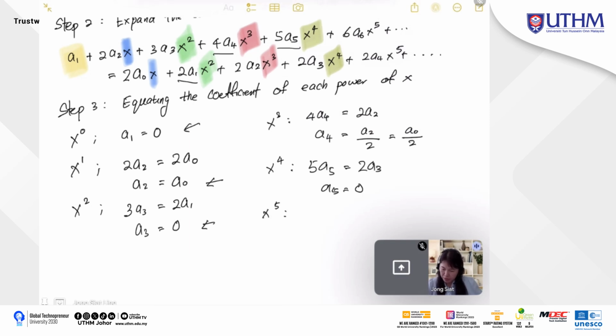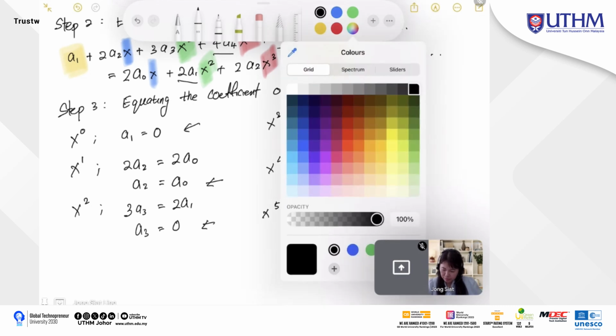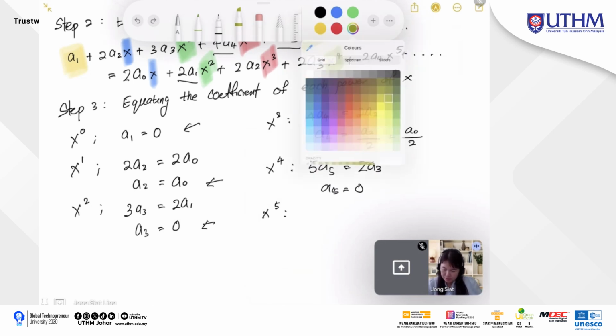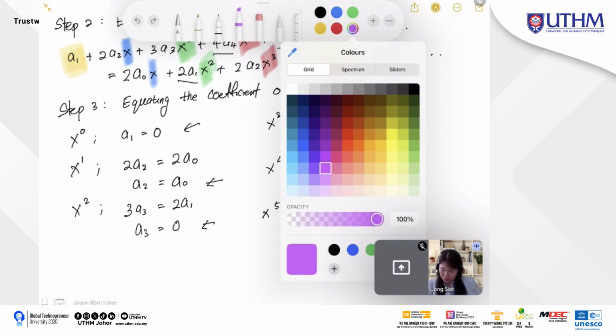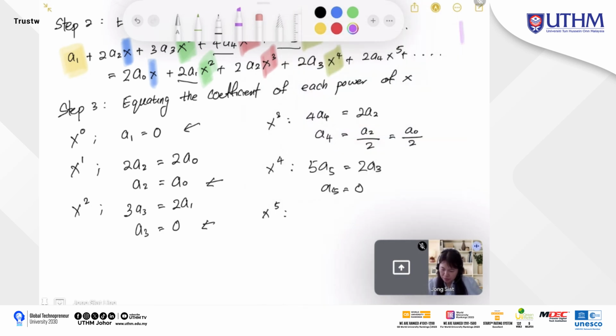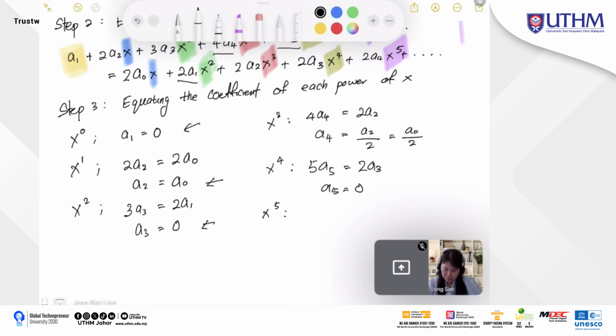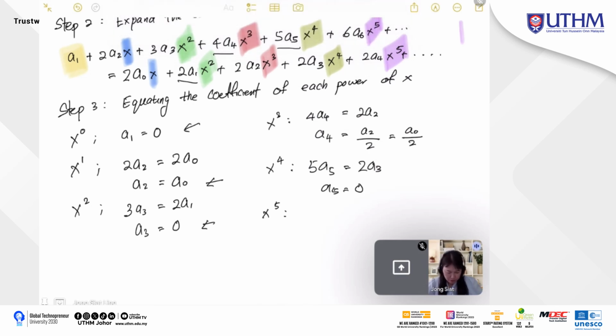Let's see what we have. I should choose a different color. Let me use purple. Okay, x power of 5, and at the left hand side, also x power of 5.